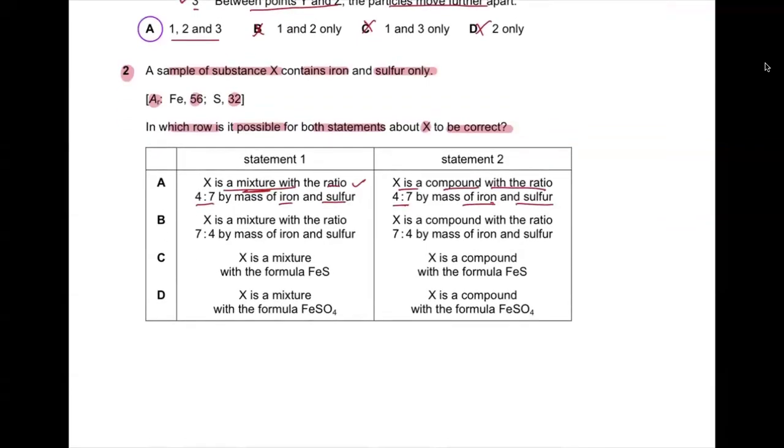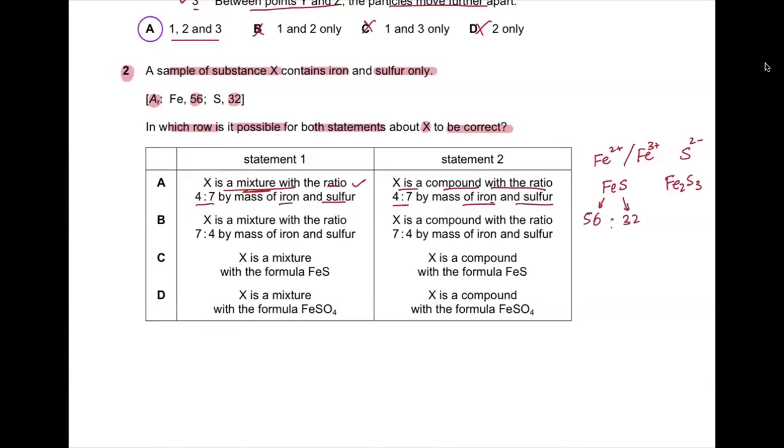For example, iron has +2 or +3 oxidation number, and sulfur has -2 oxidation number. So the compound of iron is going to be either FeS or Fe2S3, right? In FeS, iron is 56 and sulfur is 32.